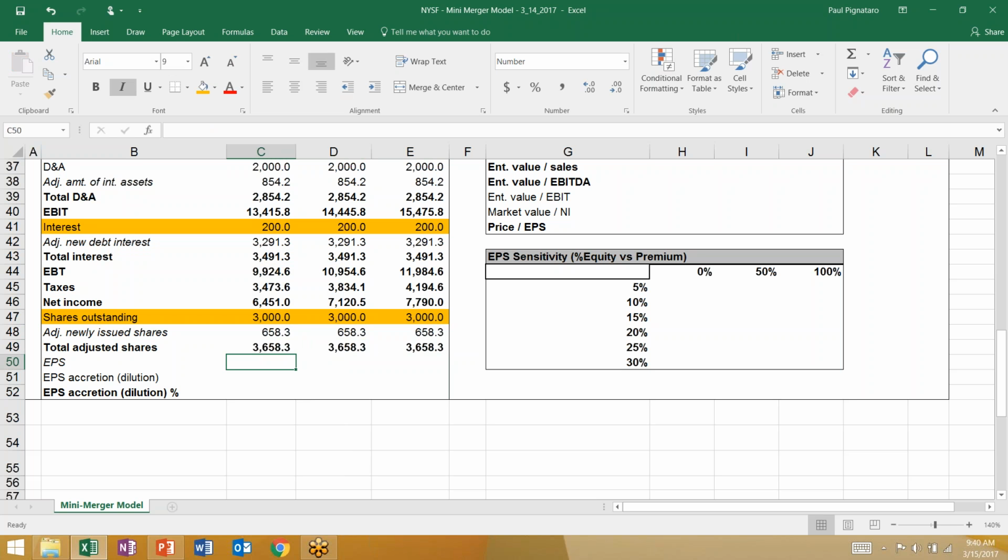So again, just make sure you have calculated that properly. You don't have any questions. And the EPS is the net income divided by those shares calculated.